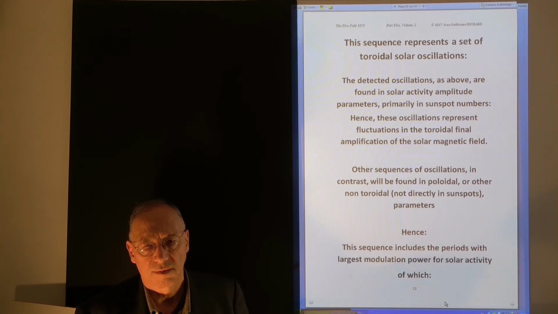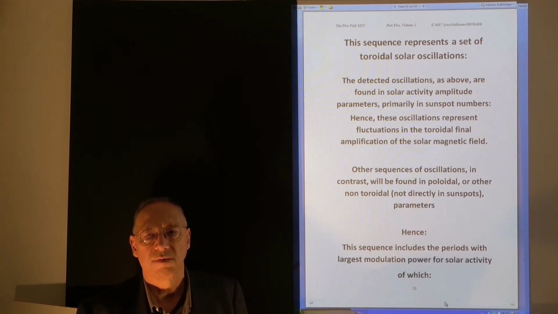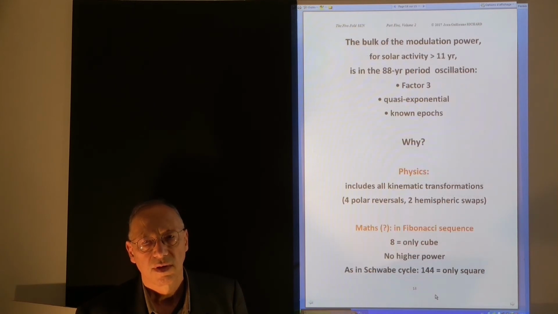Because this sequence represents the final amplification in the toroidal area of the Sun of the variations in activity amplitude, this sequence includes the periods with the largest modulation power for solar activity. At least this is what is strongly suggested as a result of this research.